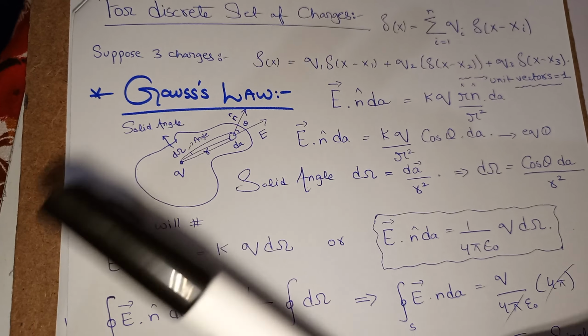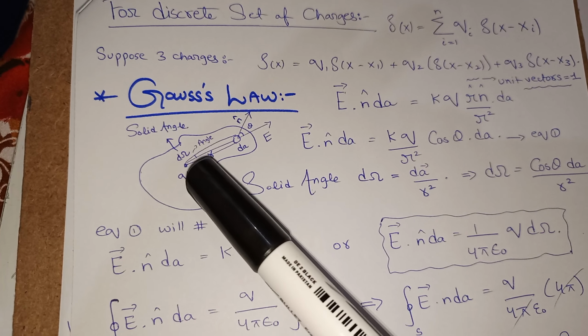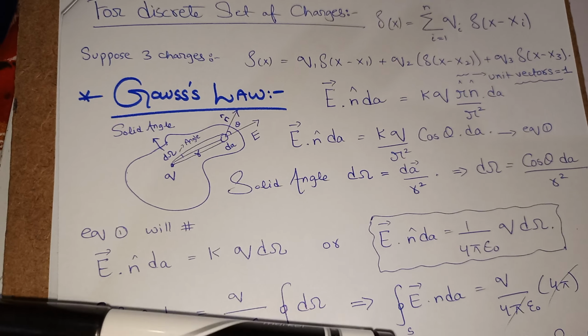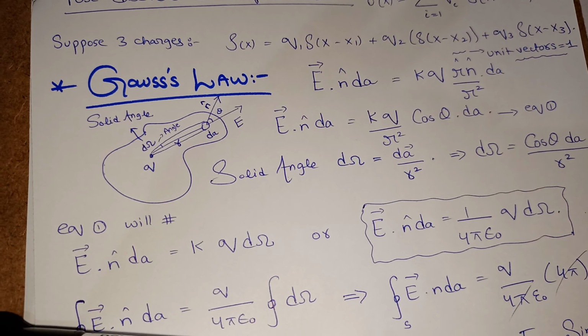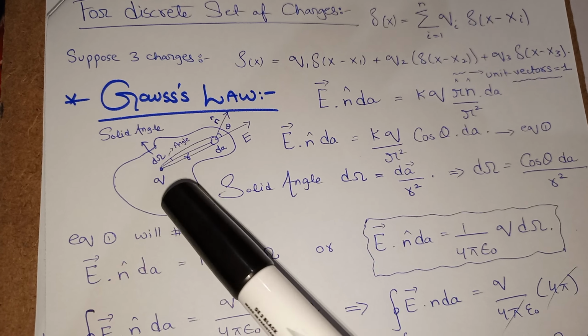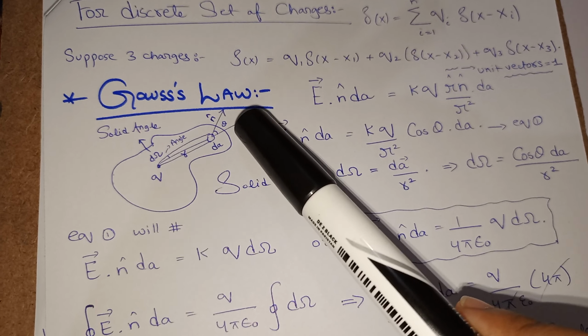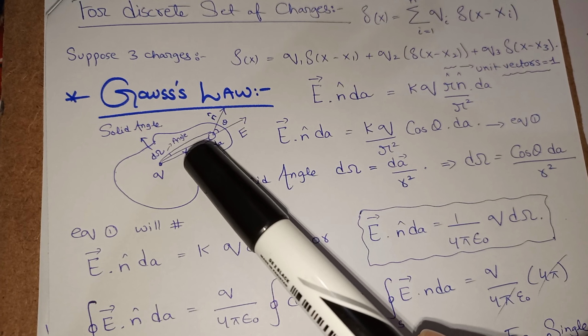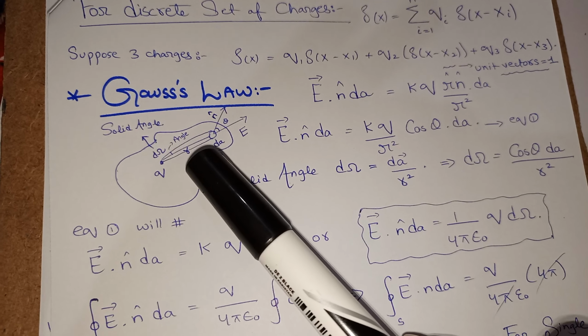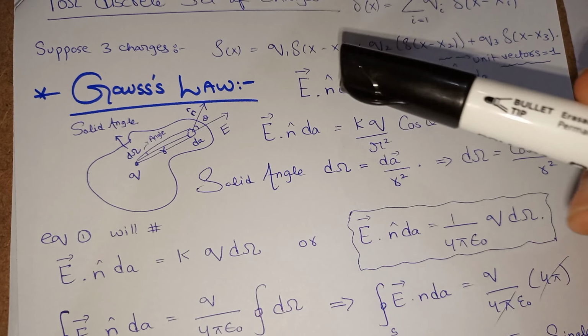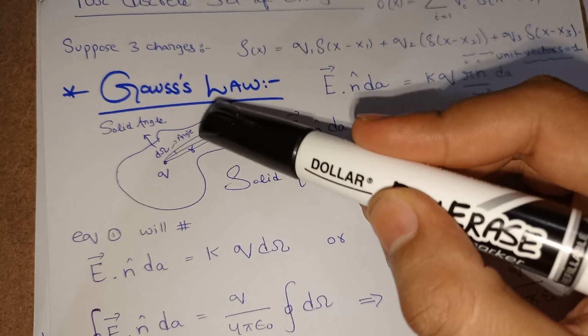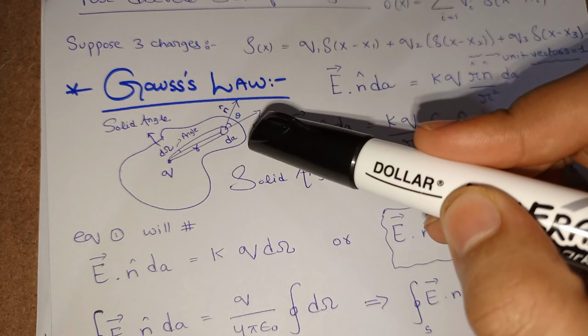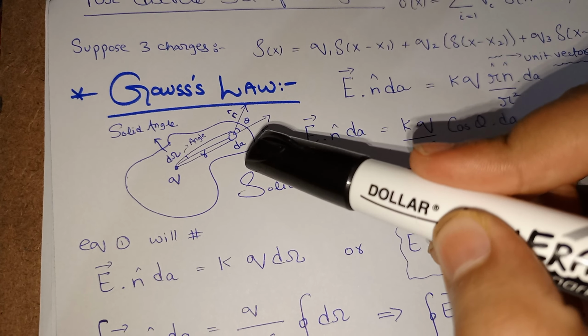So let us suppose you have a charge q inside your football. The distance between that charge and the surface of the football is denoted by r, and the area of that patch is denoted as dA.